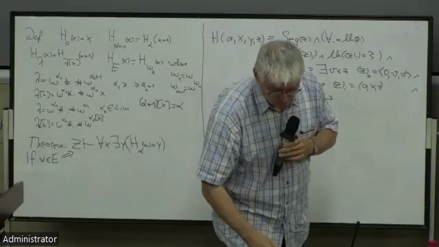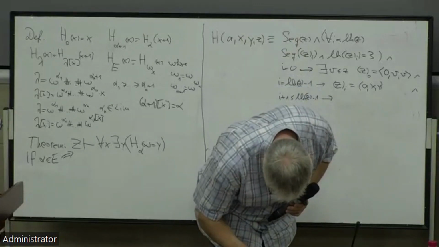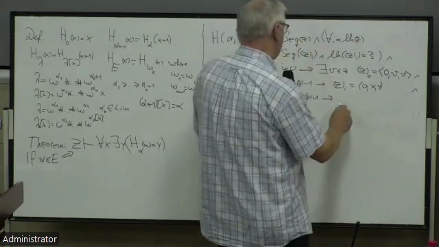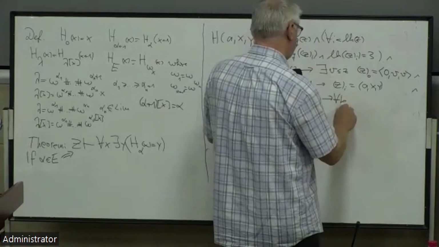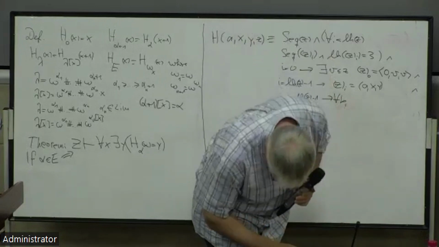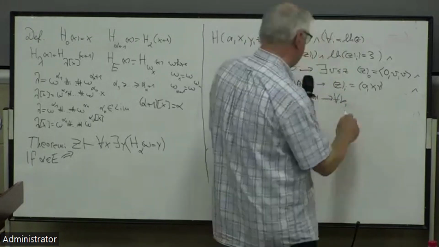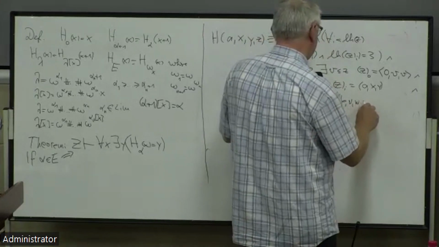Now, we take a quantifier, b, e, w less than or equal to z.